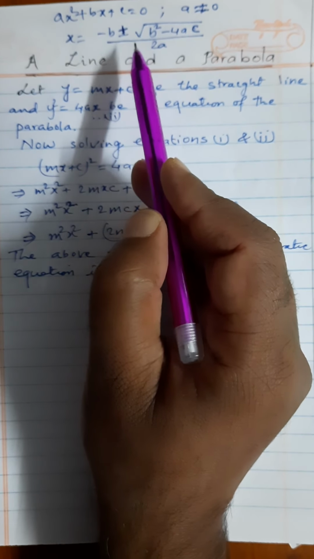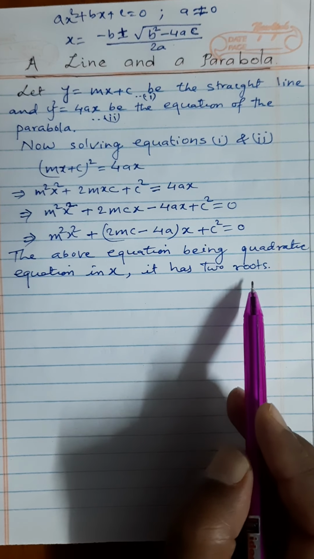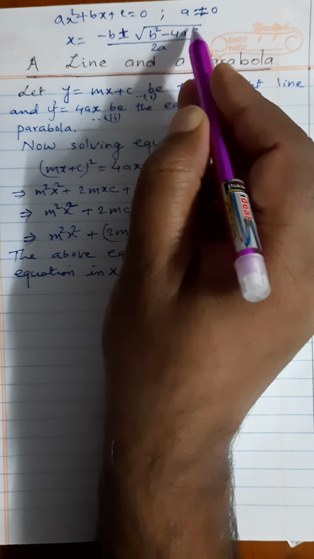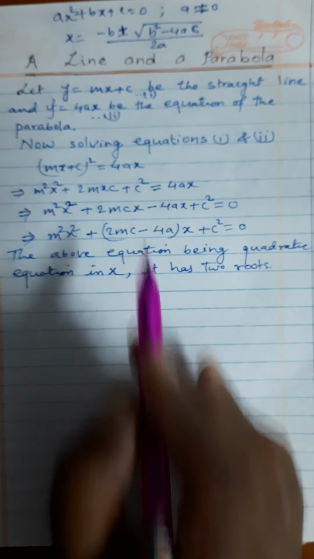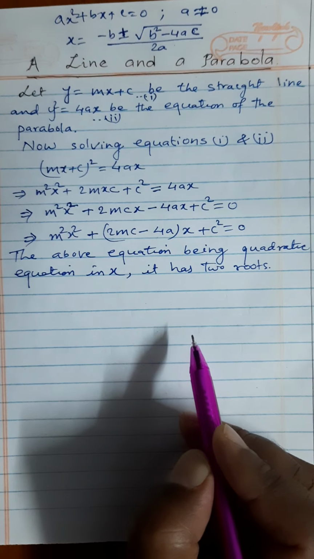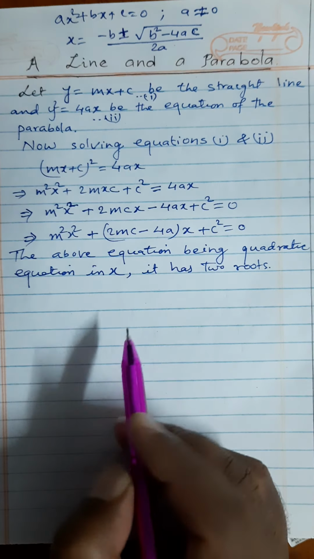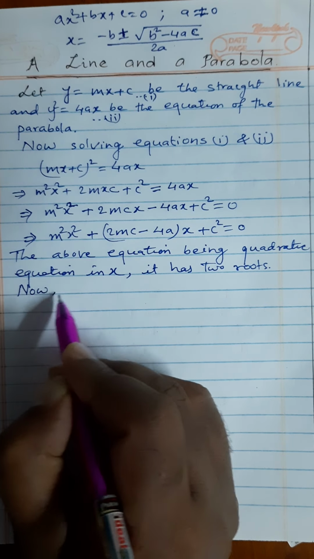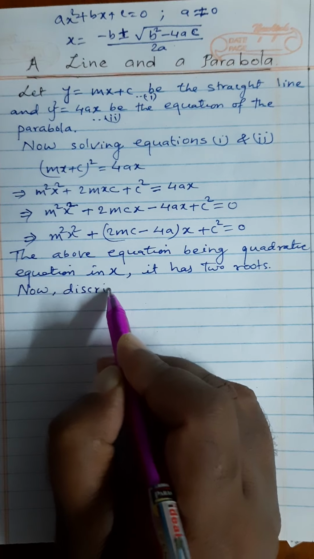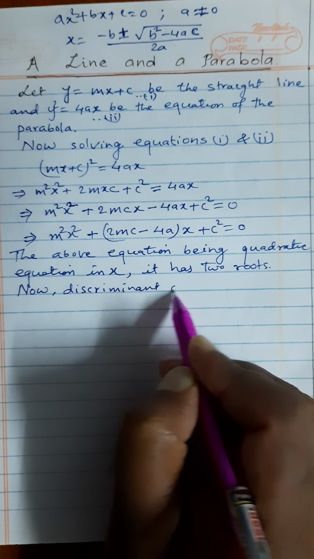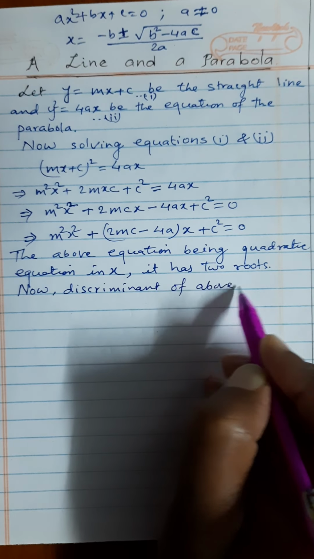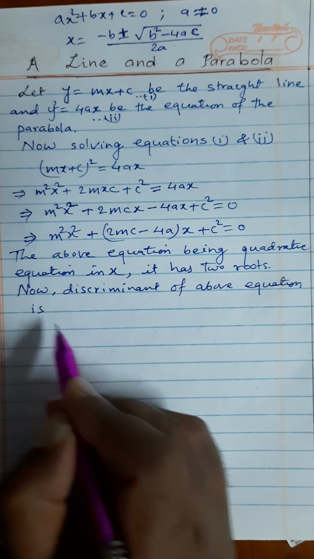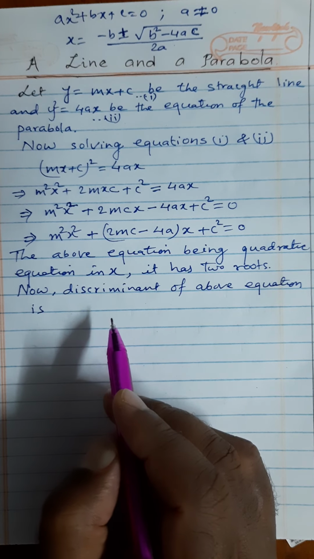So in this way we have two values of x, so it has two roots. Now the part inside the root, b square minus 4ac, is called the discriminant of this quadratic equation.